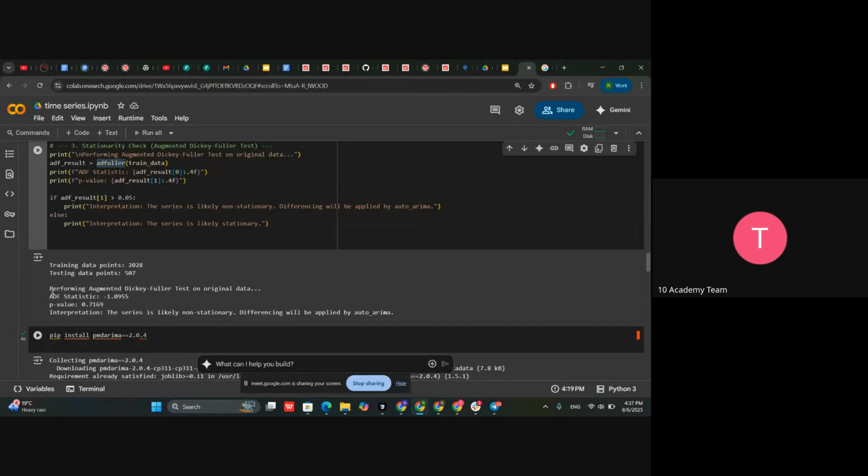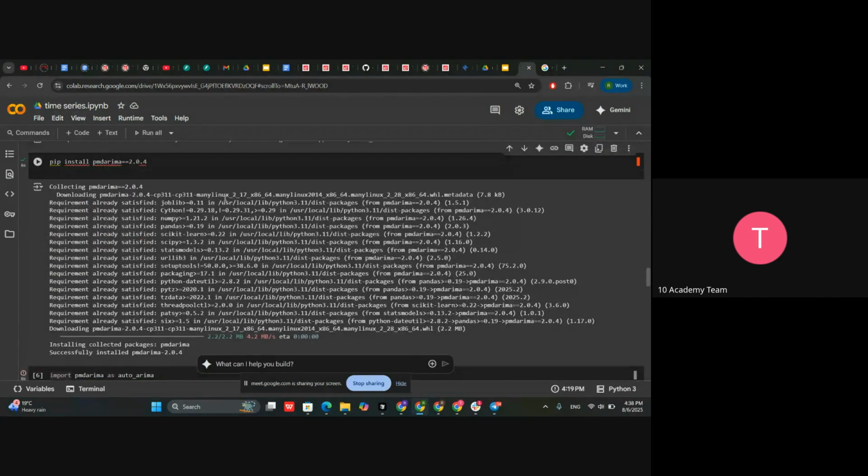Here we got an ADF statistic of negative 1.0955 and a p-value of basically 0.71. As you can see, the series is not stationary because it's greater than 0.05. In this case, when using the ARIMA model, you decide to apply differencing, the value d that we mentioned. This is one of the packages that is causing the error.